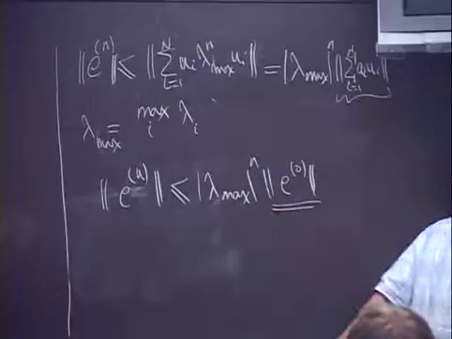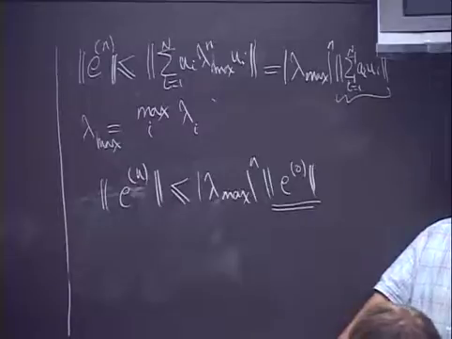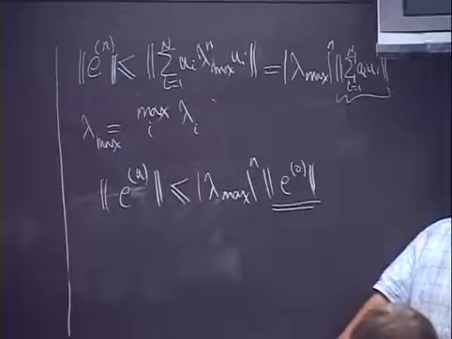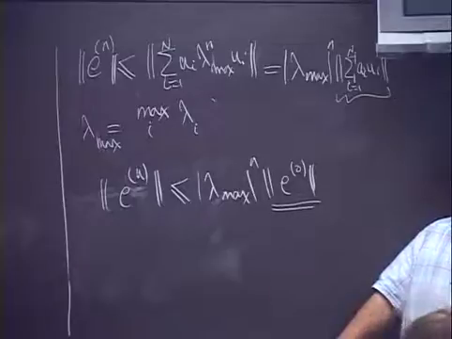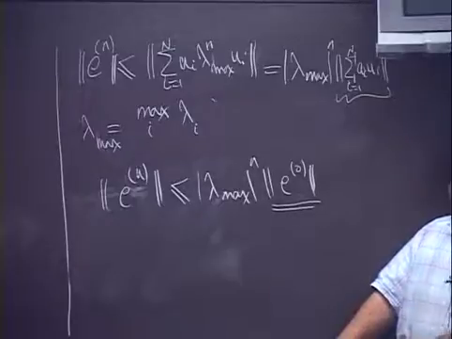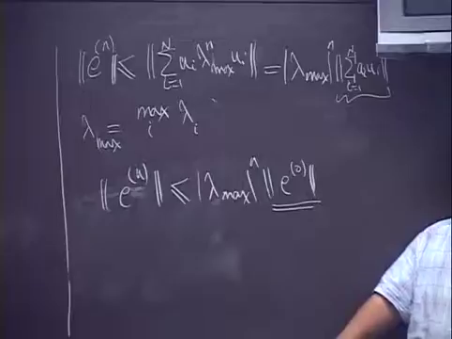Lambda maximum should be less than 1. Let's say you have 0.9, multiplied by 0.9 gives 0.81, multiplied by 0.9 again gives something like 0.729. Whenever you multiply more and more, this term will go to 0.